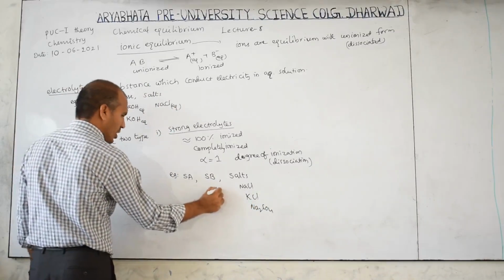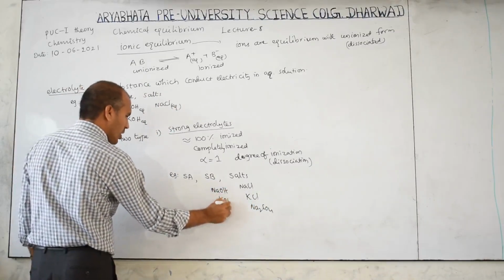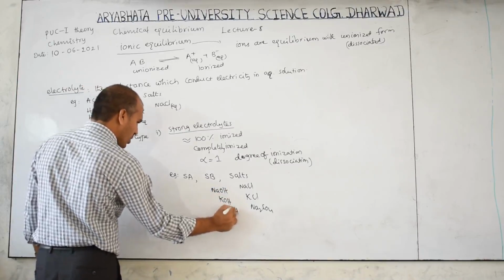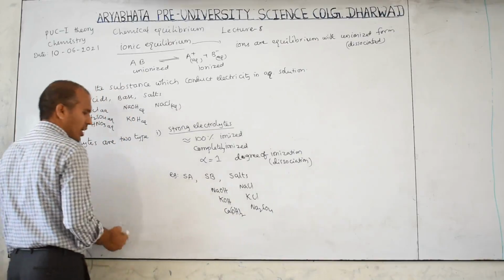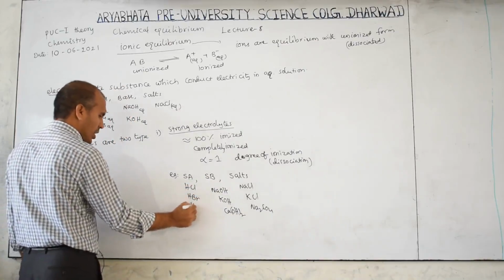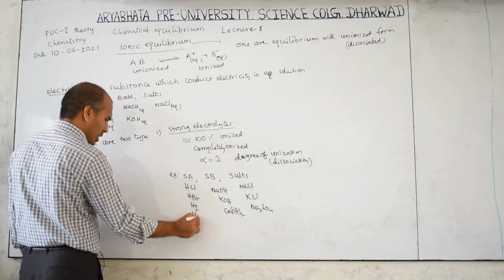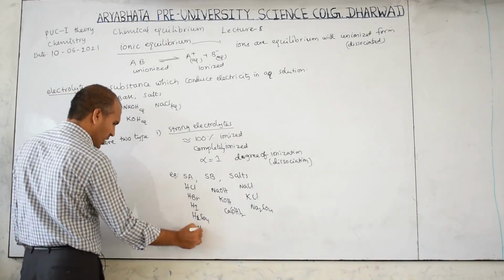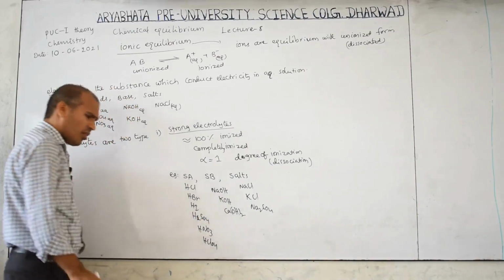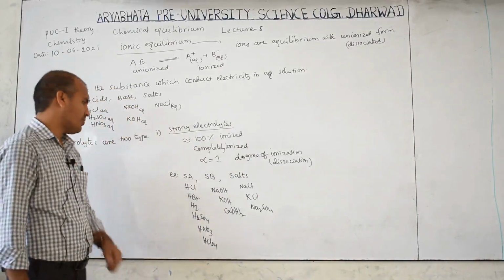Strong bases: NaOH, KOH, and calcium hydroxide, like this. Acids: HCl, HBr, HI, H2SO4, HNO3, HClO4, these are all strong electrolytes.